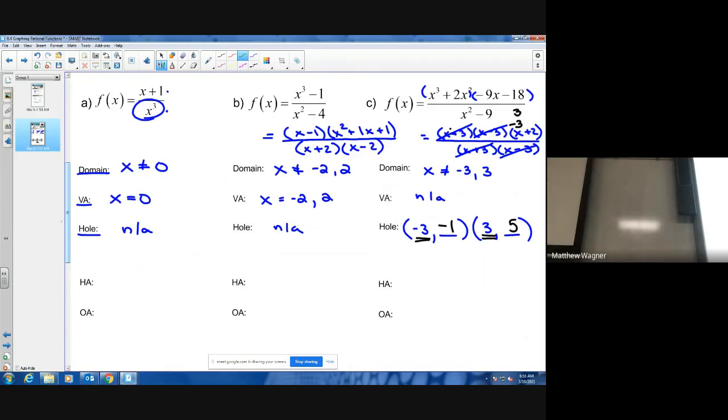Remember, like we said before on the front, we want to look at the degree of the top, the degree of the bottom. So we have a degree of 1, degree of 3. Remember, when the degree is bigger on the bottom, you have a horizontal asymptote at 0. Okay. If you have a horizontal asymptote, there is not going to be an oblique one.